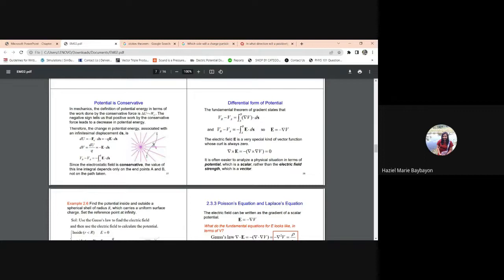That is because E is equal to the gradient of some scalar function, and we know that the curl of a gradient is equal to 0. It was in our previous discussions, no? All right, so it is often easier to analyze a physical situation in terms of potential, which is a scalar, rather than the electric field strength, which is a vector.